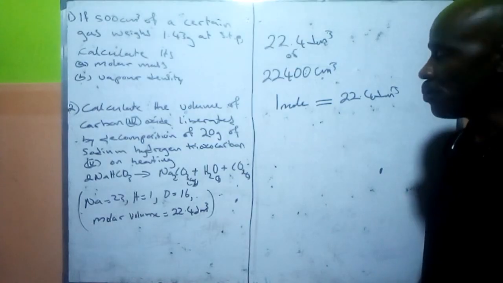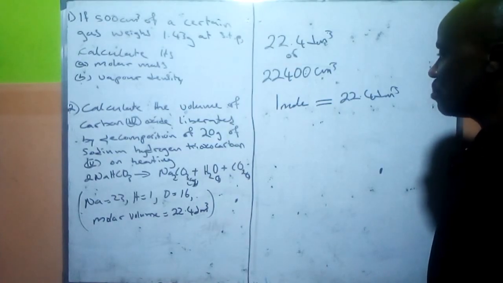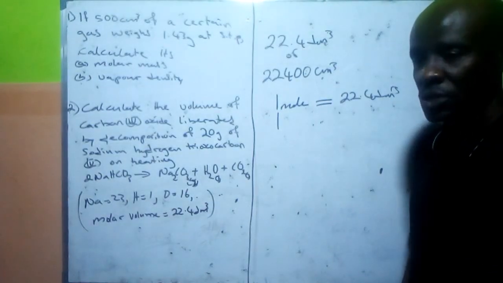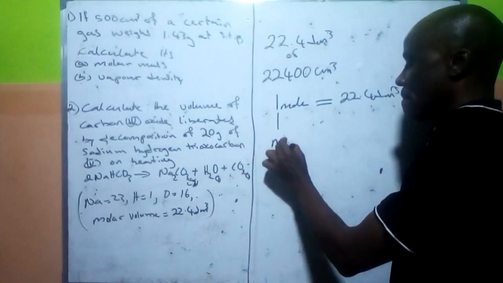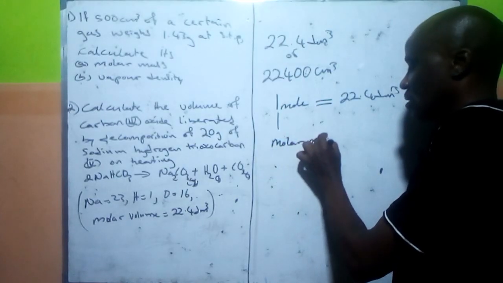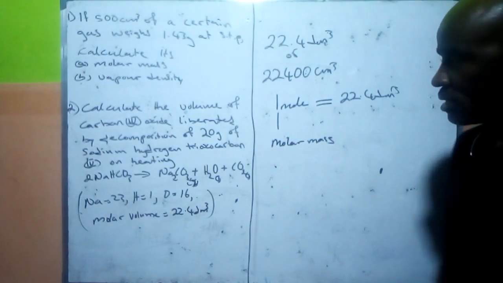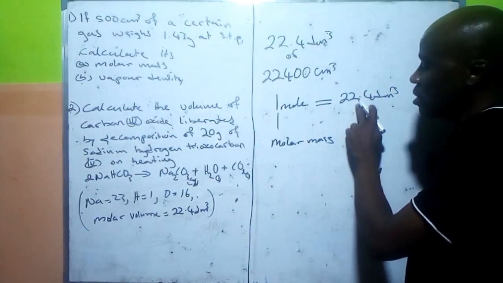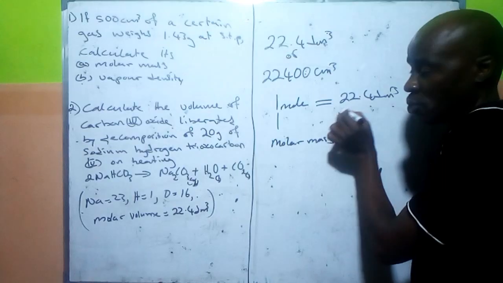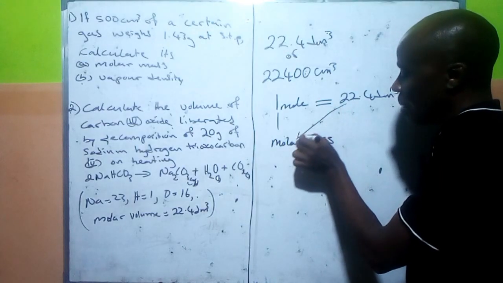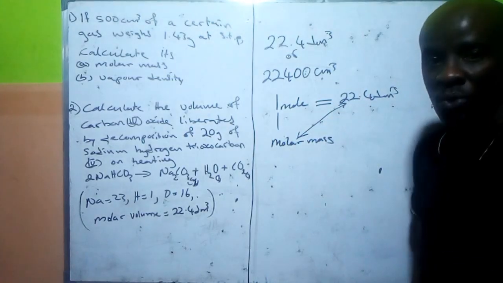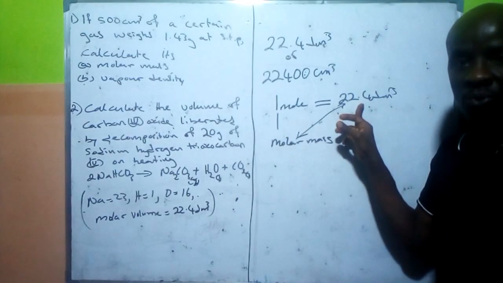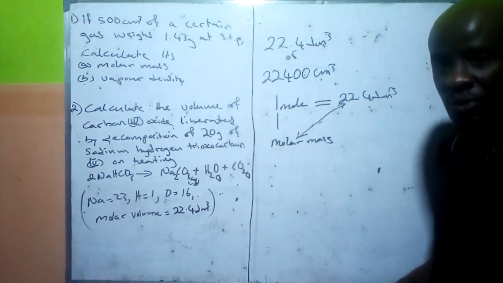And we know that 1 mole of any substance is also equal to what? The molar mass of that substance. So if 1 mole is equal to 22.4 dm cube, then we can also agree that molar mass is equal to 22.4 dm cube when you talk about it in volume, because we are dealing with gases.